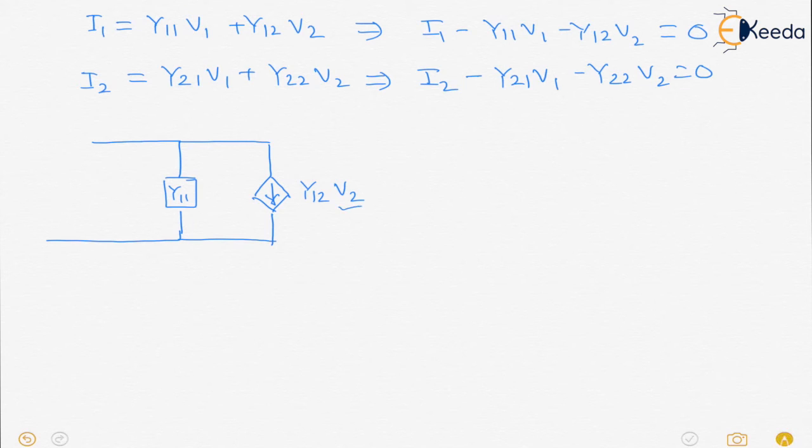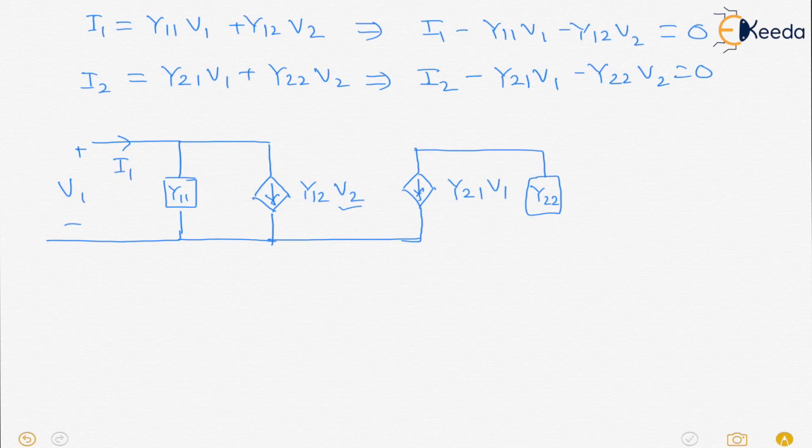This is a voltage dependent current source, and here it will be plus minus V1 and I1. On the second side we can write y21 V1, that is also a dependent current source, in parallel with y22. So here is the equivalent circuit for Y parameter.